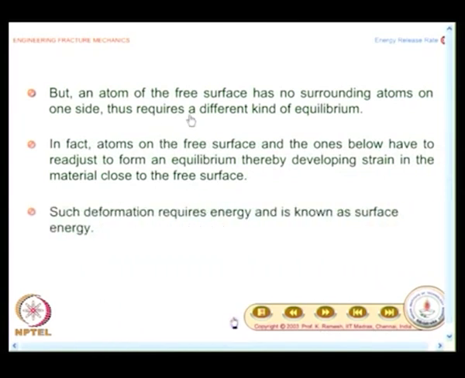On the surface, what happens? There are no surrounding atoms on one side, thus requires a different kind of equilibrium. In fact, atoms on the free surface and the ones below have to readjust to form an equilibrium, thereby developing strain in the material close to the free surface.